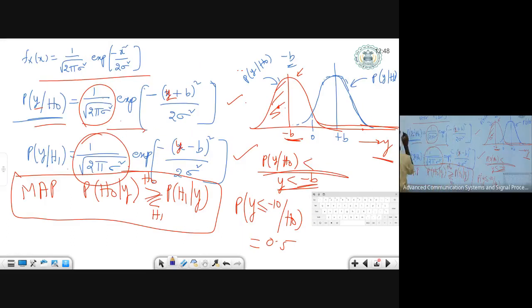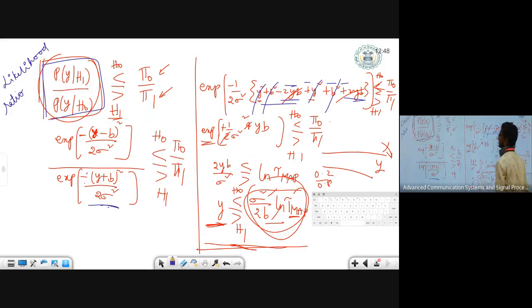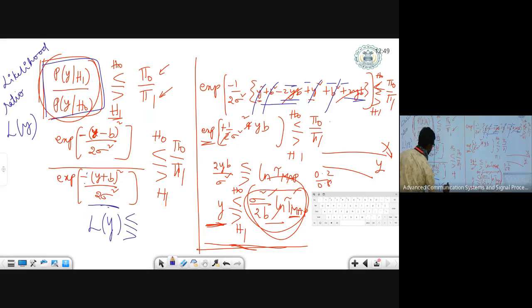This is the likelihood function, and this is also a likelihood function. So this is called the likelihood ratio, and usually we represent it with L of y. L of y, less than or greater than tau MAP. This is the condition for the MAP detector.